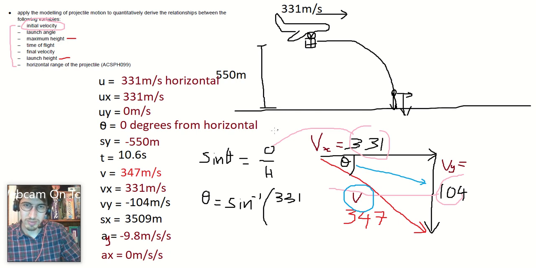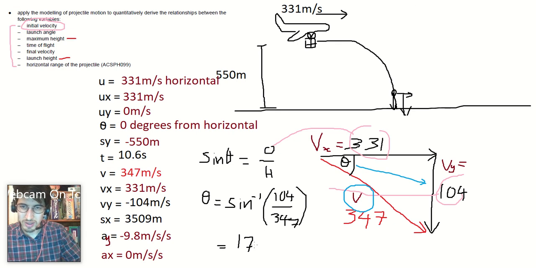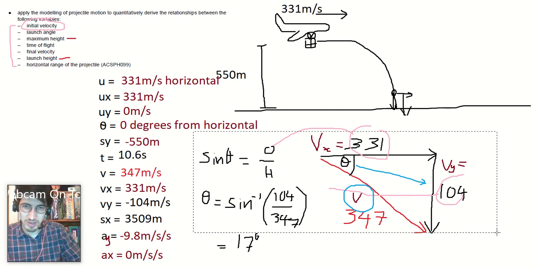Sorry, that's not correct. Opposite is this blue arrow here, 104, divided by the hypotenuse, which is 347, which gives us a value of 17 degrees. So theta equals 17 degrees.